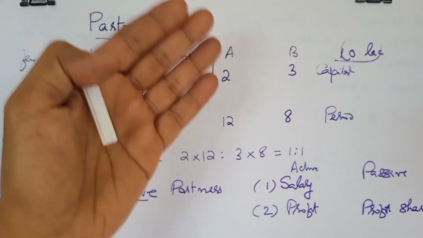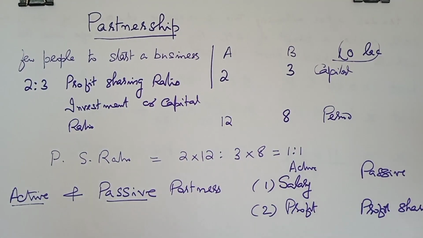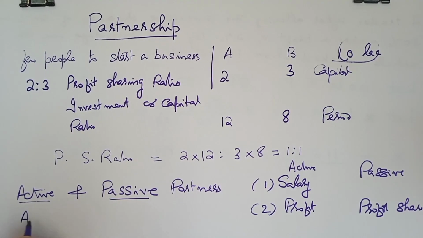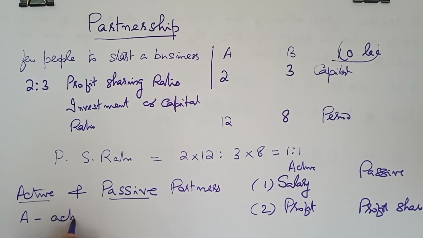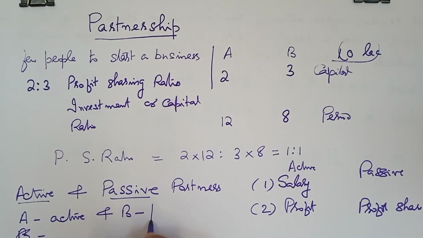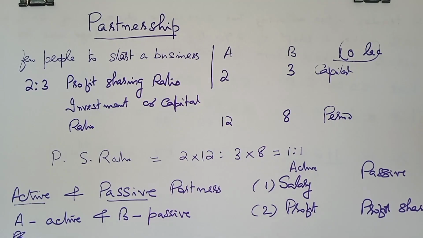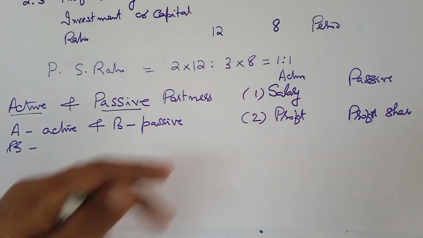Okay, let's use the same two partners, A and B. Let's assume that A is an active partner and B is passive. Now, how do you divide profit among these two people?